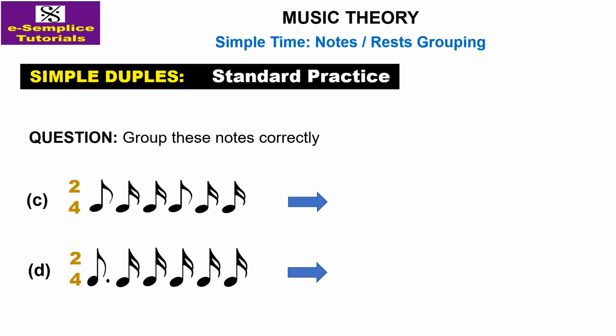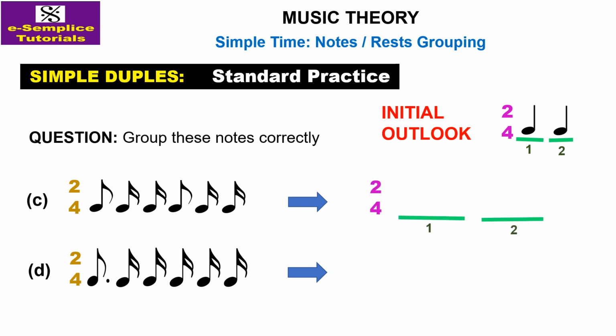We are still on simple duples. Group these notes correctly. C. How are these notes to be grouped? Don't forget the initial outlook as your guide. You have beat 1, beat 2.